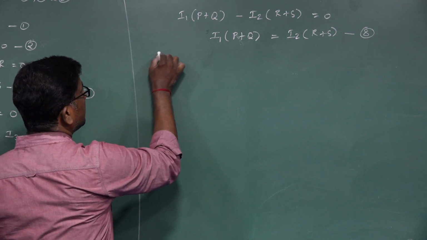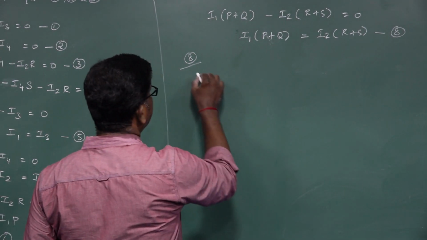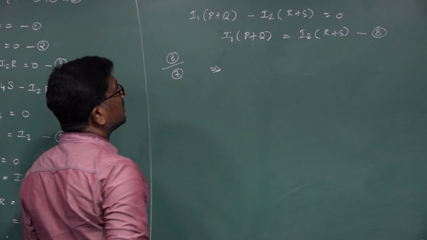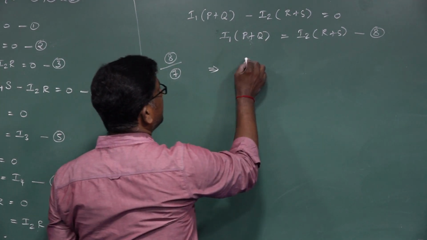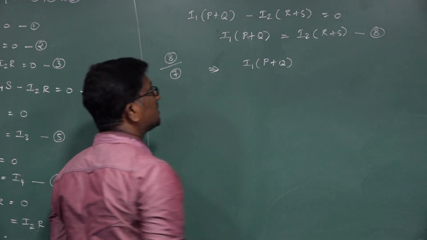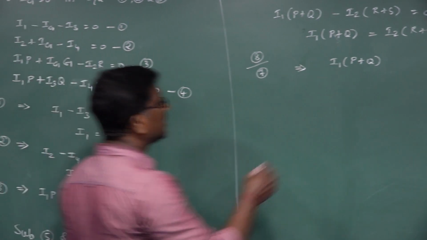Now divide equation number 8 by equation number 7. Equation number 8, left hand side, I1 of P plus Q. In equation number 7, left hand side, I1P.